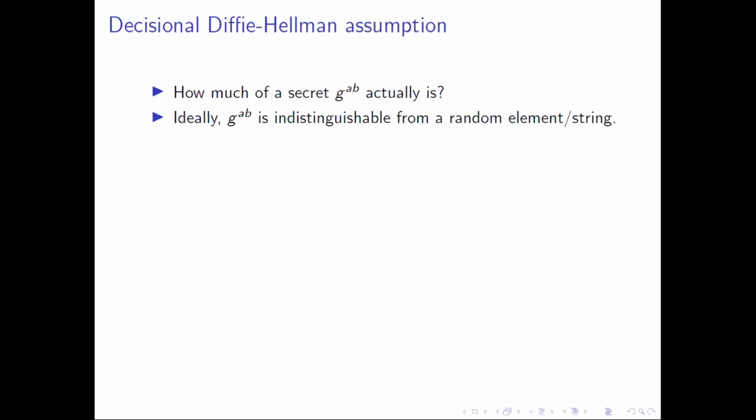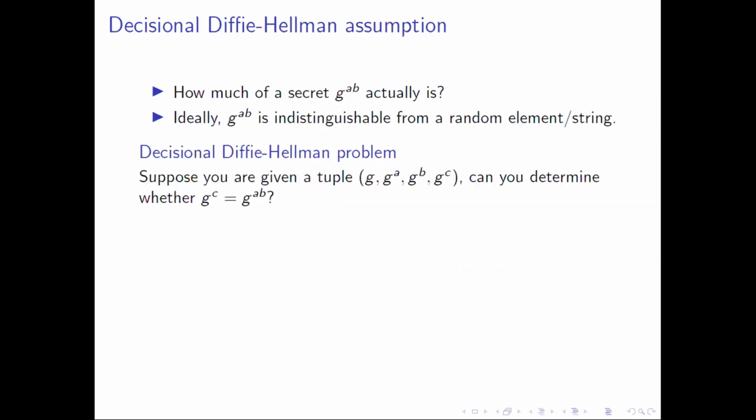Ideally, we would like the shared value to be a shared secret, so it should be indistinguishable from a random element or string. That's the decisional Diffie-Hellman problem. If you're given a tuple that comes from this Diffie-Hellman exchange, can you determine whether the guess g^c is actually the correct g^(ab)?